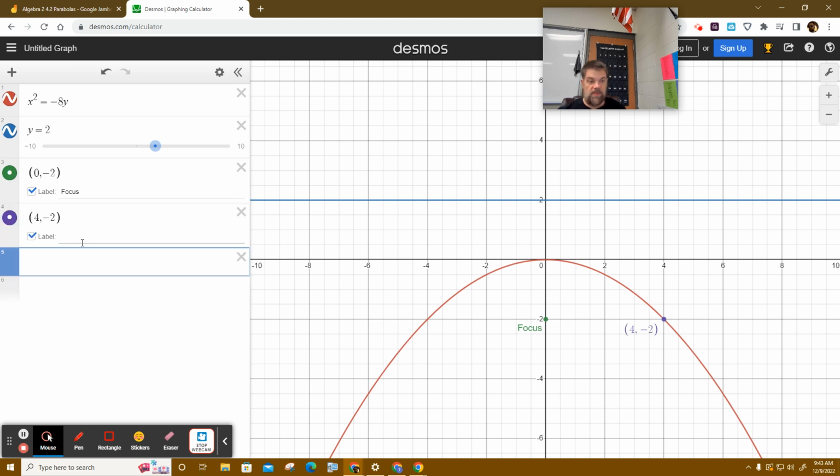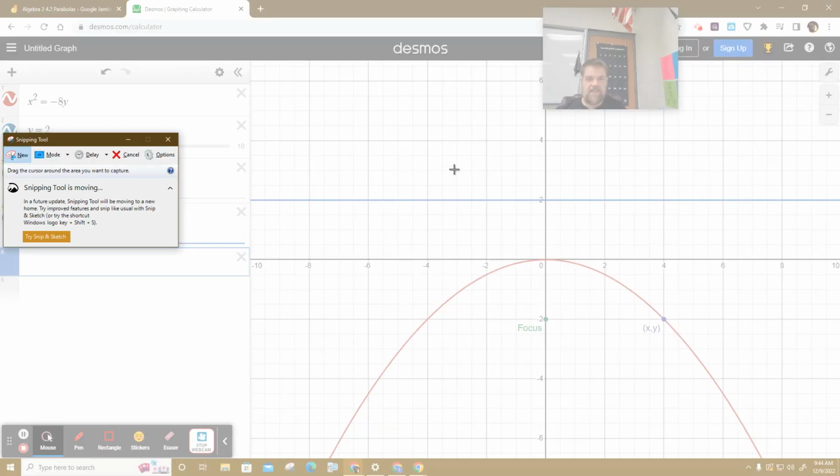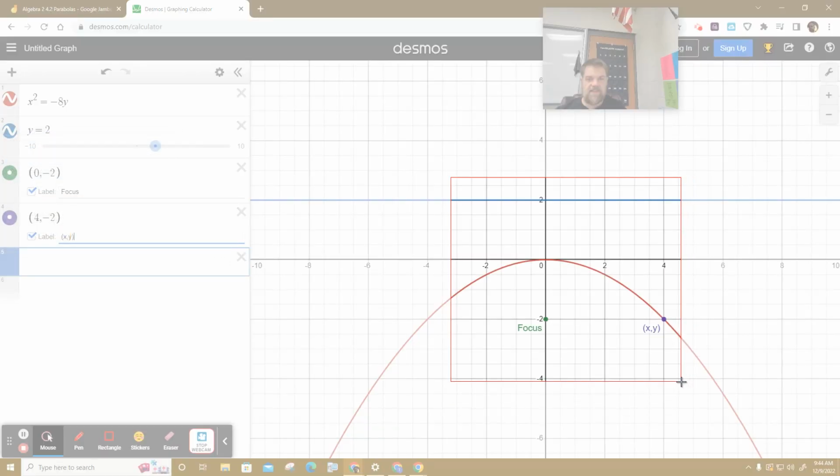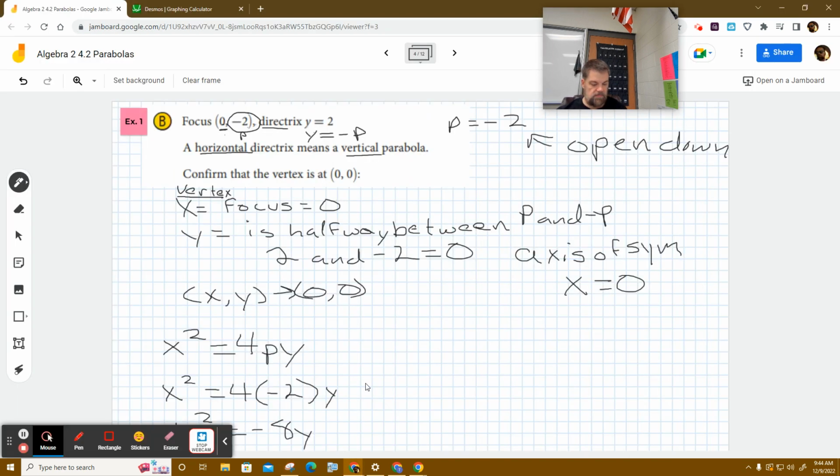And we're just going to label this as an x, y. Okay? So I'm going to take a screenshot of this, and then we're going to do a little math and see if it works. So this is what I have. Let's put it in here.